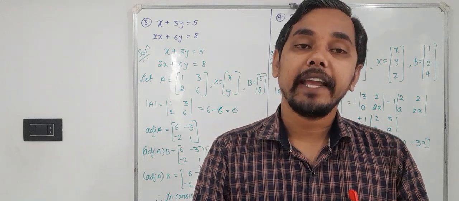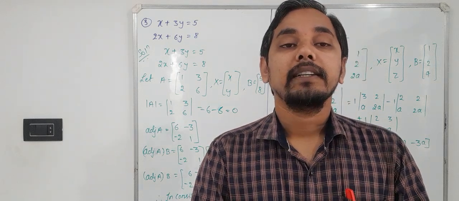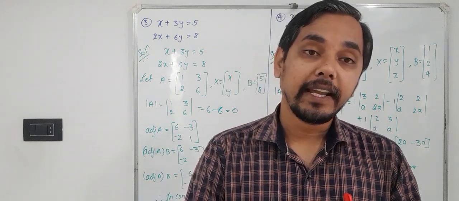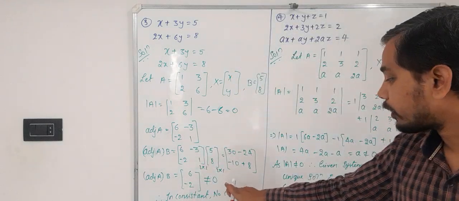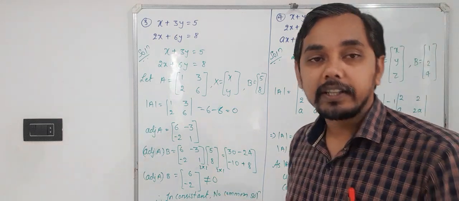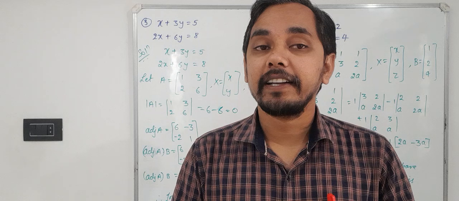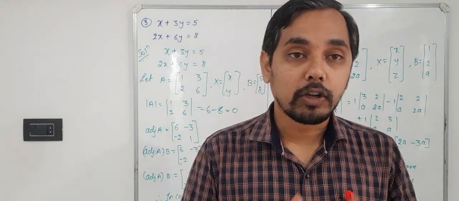If determinant A is equal to 0, then check adjoint A into B.